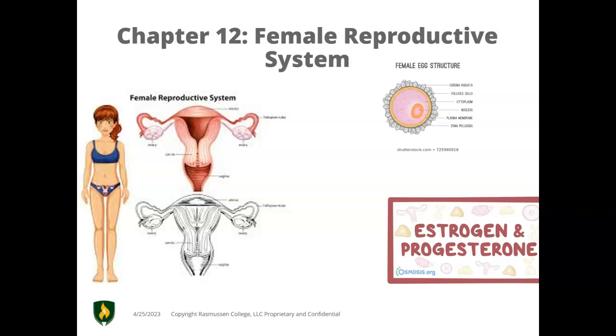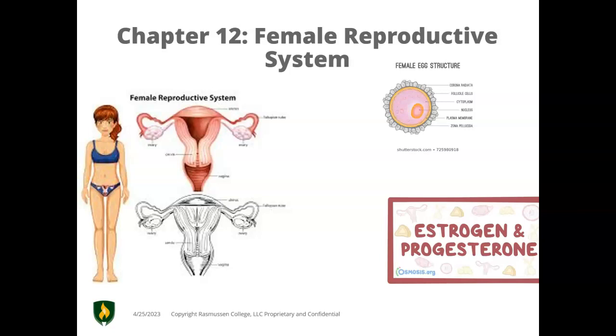The female reproductive system also produces the female sex hormones of estrogen and progesterone, which play an important role in the reproductive system. These hormones are responsible for the development of secondary sex characteristics such as breast development and the regulation of the menstrual cycle.